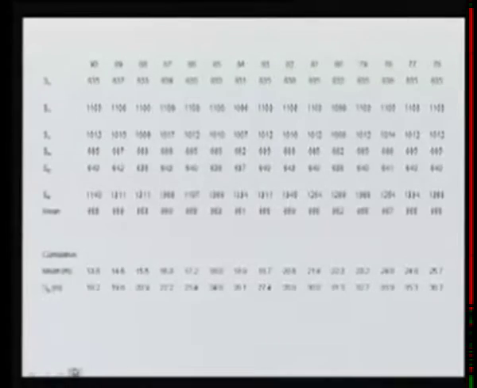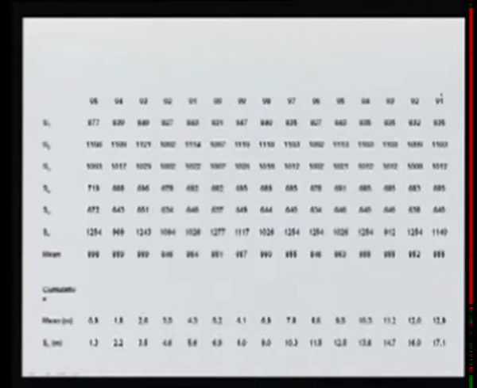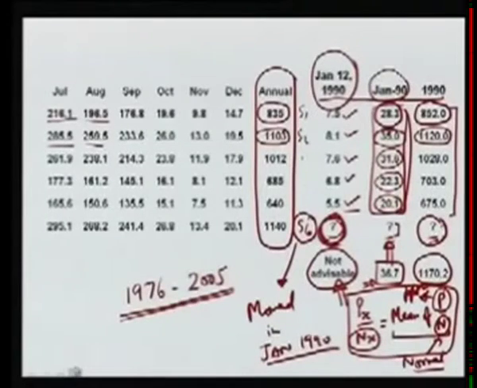So this data is starting from 1976 up to 1990 and then 1991 up to 2005. These are the annual precipitation for the corresponding year at the stations S1, S2, S3, S4, S5 and S6.